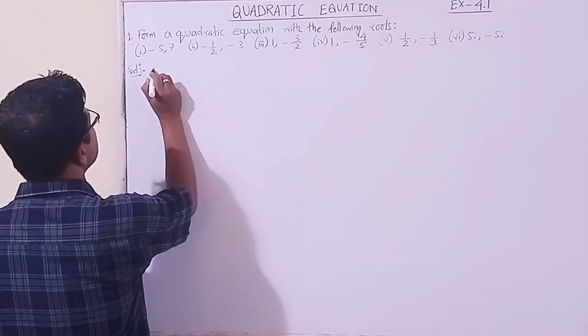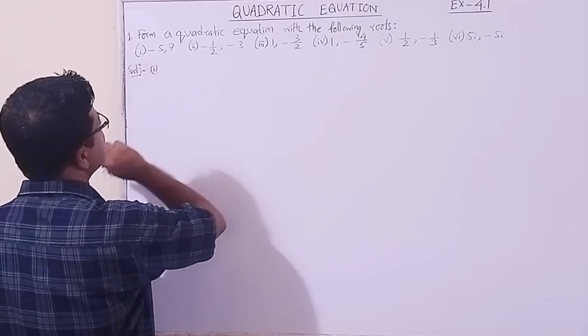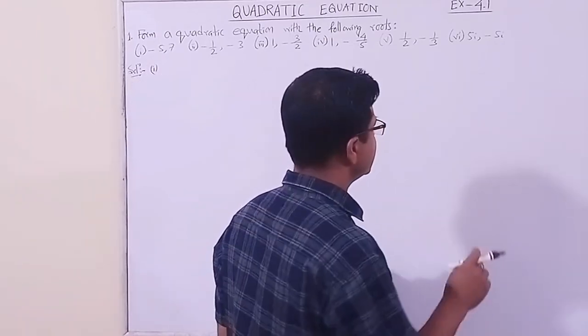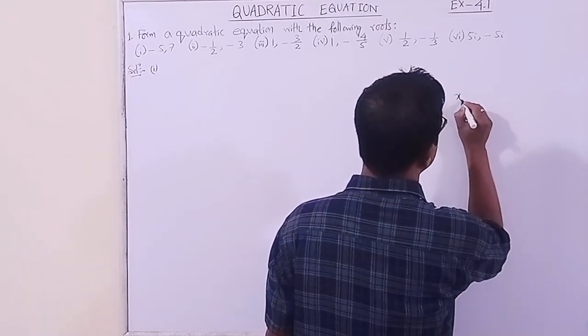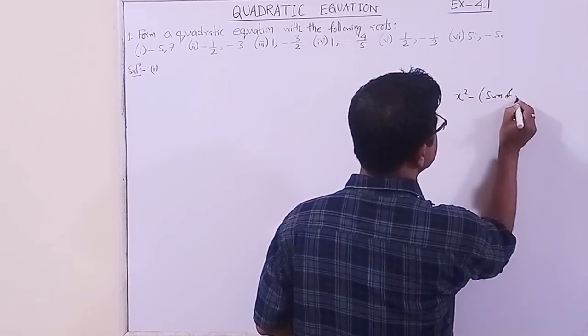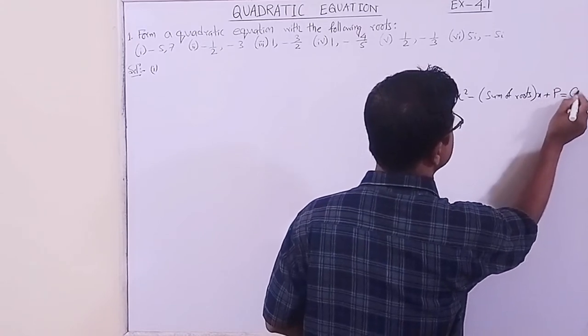Number 1, here in the first case the roots are -5 and 7. One method we can apply is the formation of a quadratic equation: x square minus sum of roots into x plus product of the roots equal to 0. Another method is (x minus first root)(x minus second root) equal to 0.